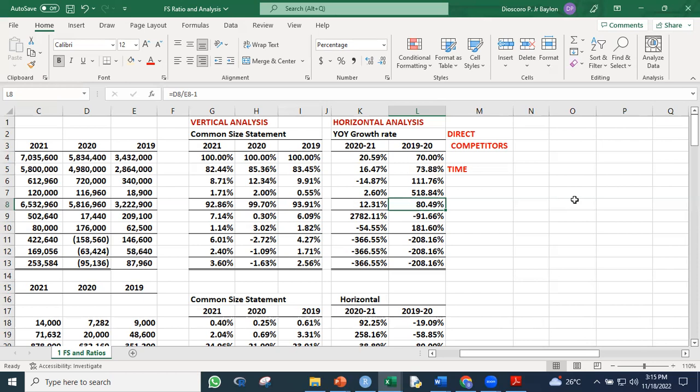Or Jollibee, compare it with a small, obscure, unknown company out there in say, Mindanao. No? Maliit lang sa area ng Mindanao, tapos i-compare natin si Jollibee doon. So, of course, it doesn't make sense. Pag direct competitor, yun talagang close rival niya.